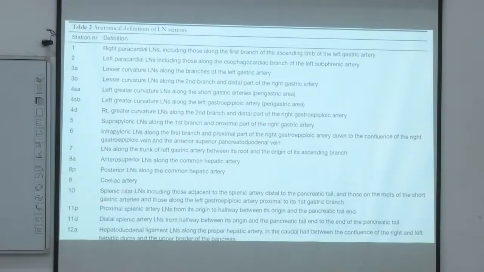Then 9 is celiac nodes along the celiac artery. 10 is splenic hilar nodes, including those adjacent to the splenic artery, distal to the pancreatic tail, and those along the left gastroepiploic artery, proximal to the short gastric branches. And 11P and 11D are proximal and distal splenic artery nodes. And 12 is hepatoduodenal ligament, nodes along the hepatoduodenal ligament.